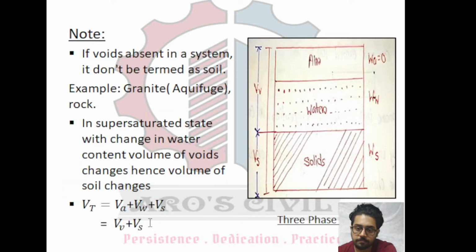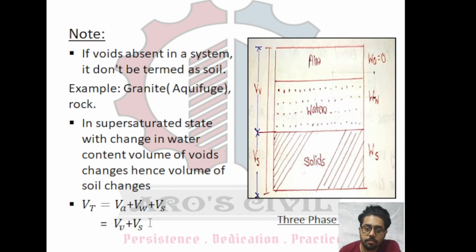Now if voids are absent in a system, it cannot be termed as soil. If you find such a material where no void is present, that kind of material is called rock, that is not a soil.